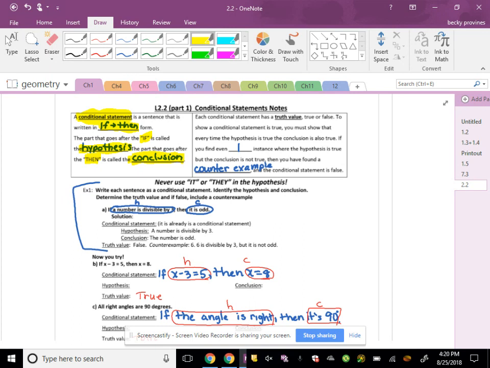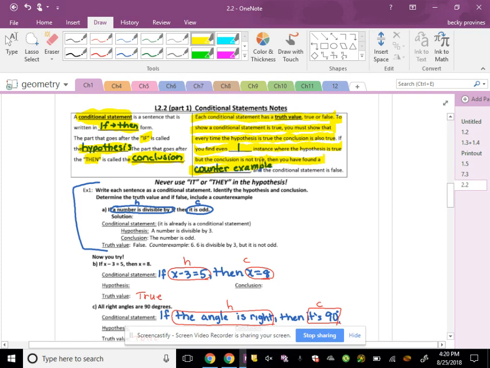Now, you get to be devil's advocate, and this is fun for some people, and some people have a hard time with it. Each conditional statement has a truth value, true or false. To show the conditional statement is true, you must show that every time the hypothesis is true, the conclusion is also true. If you find even one instance where the hypothesis is true, but the conclusion is not true, you have found something called a counterexample.